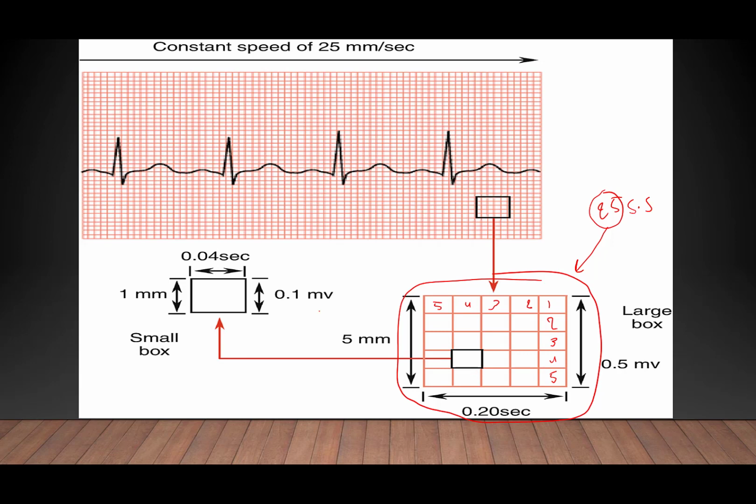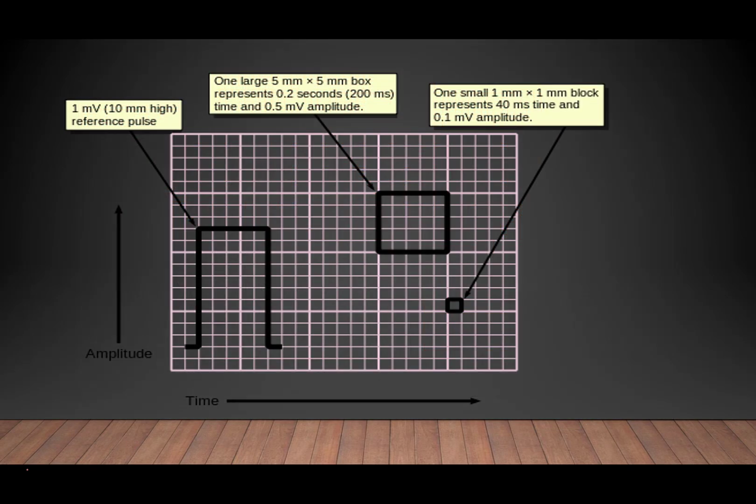Each small square is 0.04 second in duration. It is important to know that the constant speed of ECG paper is 25 millimeters per second. Here we have the amplitude. The normal amplitude is two large squares, or 1 millivolt.